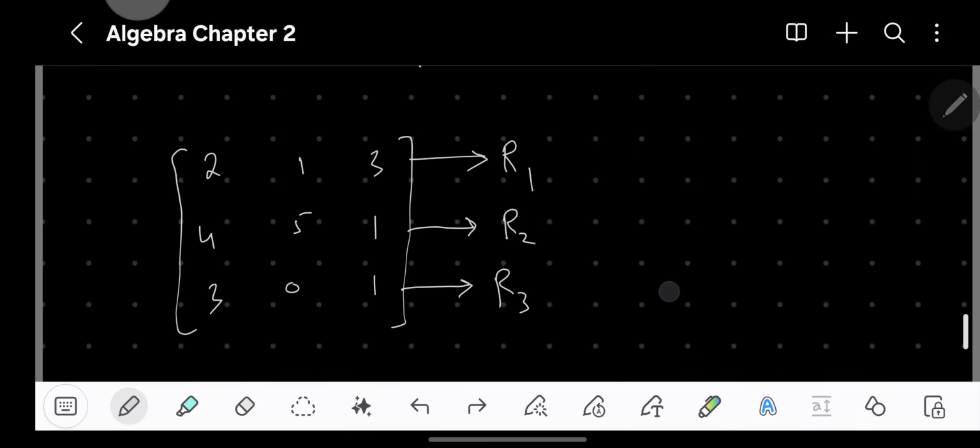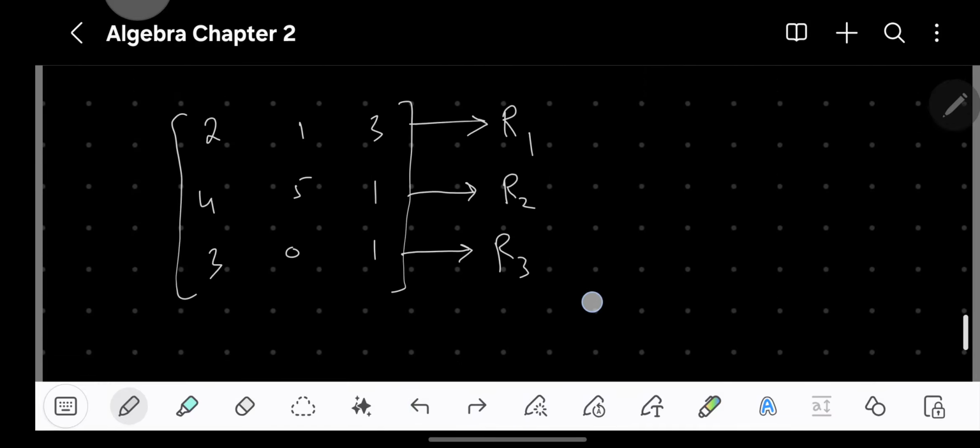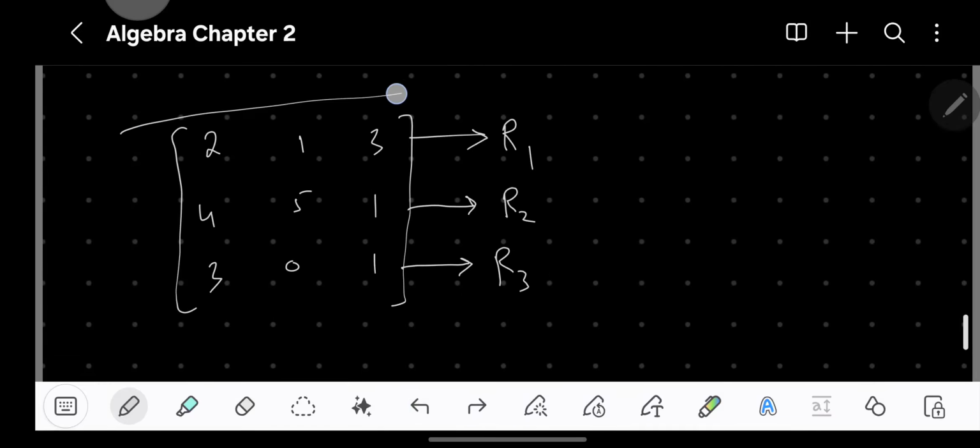The first operation is row swap. If you have this matrix, you can swap any two rows. If you want to swap R1 with R2, you can do that. If you want to swap R1 with R3, you can do that. How can I swap R1 with R3?